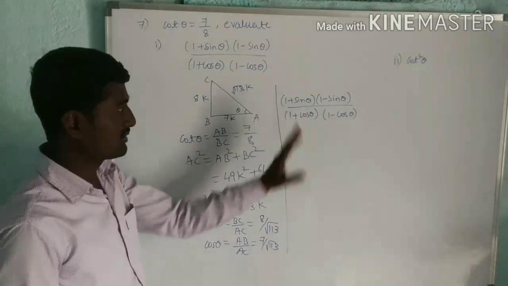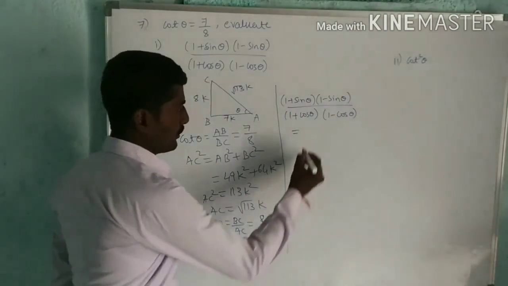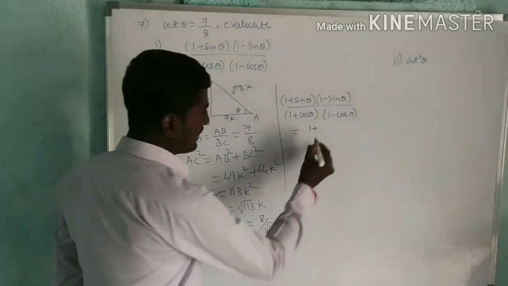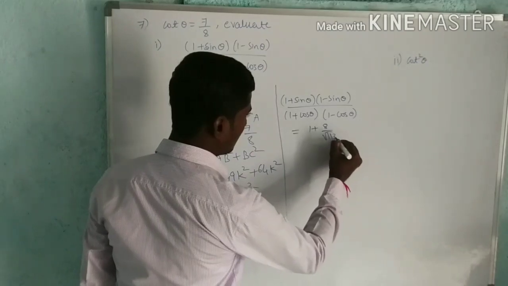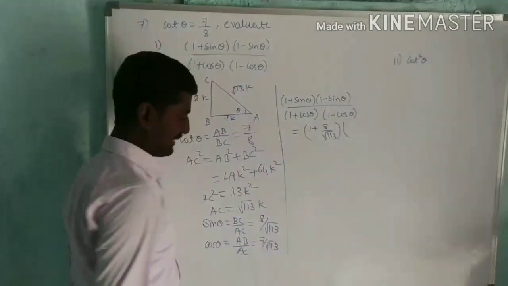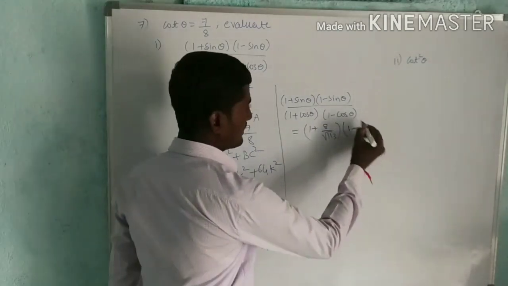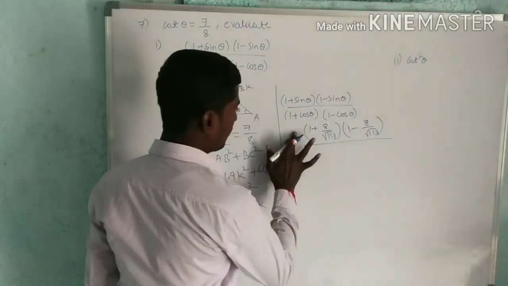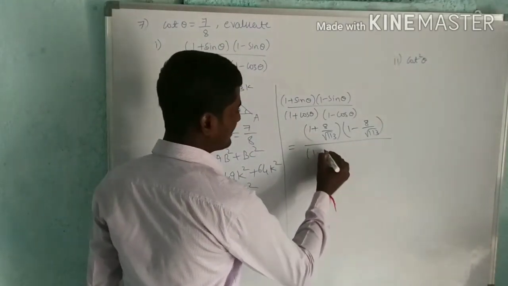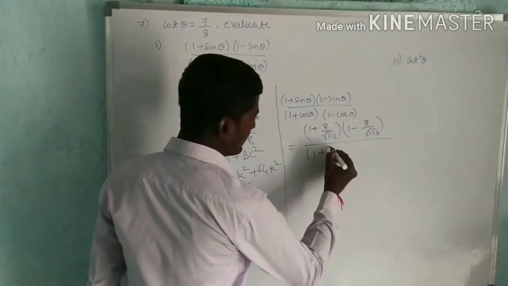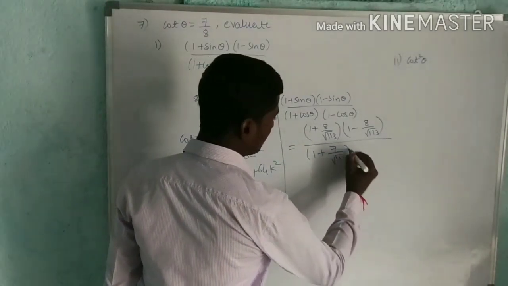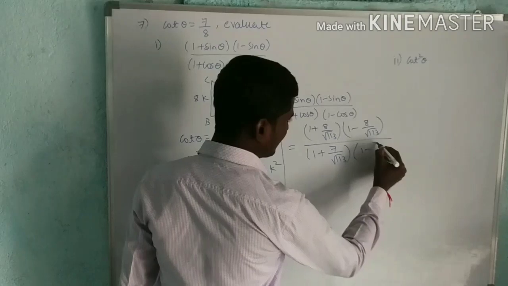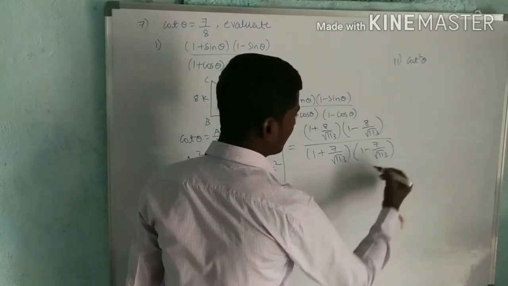Now let us substitute these two values here. This is equal to 1 plus sin theta, that is 8 divided by root of 113, into 1 minus sin theta, that is 8 divided by root of 113, whole divided by 1 plus cos theta, where cos theta value is 7 divided by root of 113, into 1 minus cos theta, 7 divided by root of 113.